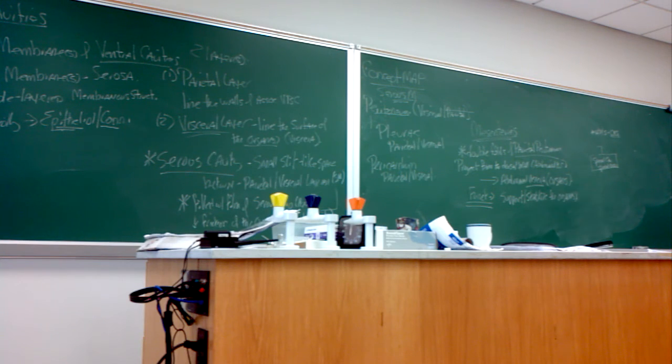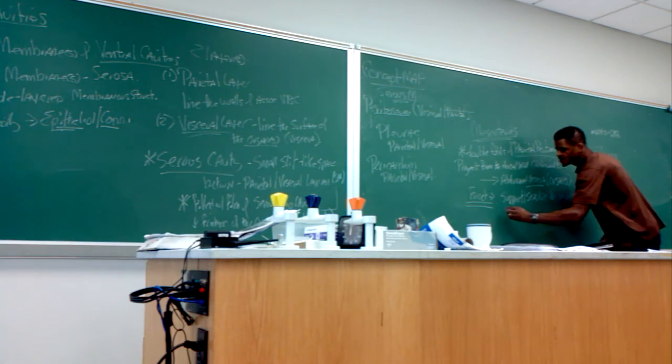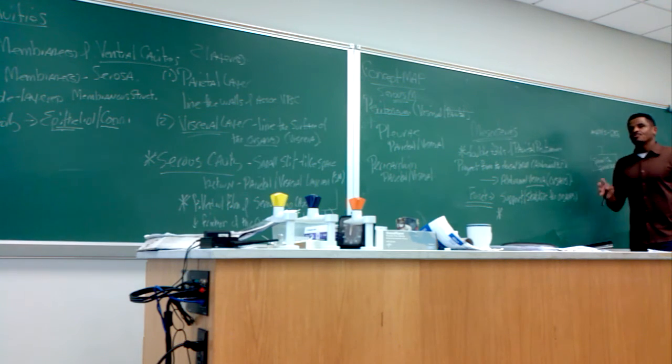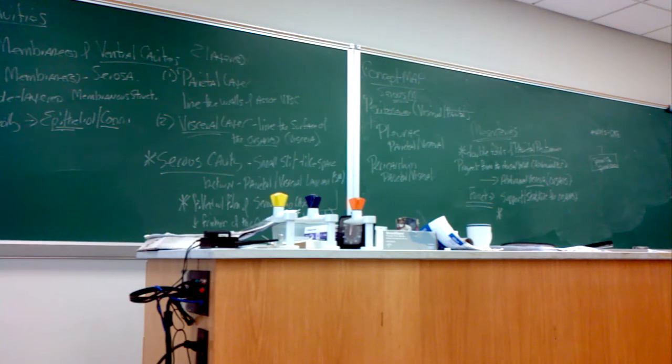The mesenteries will also provide routes for the distribution of blood vessels to those organs, because those organs have to have what? A vascular supply to deliver their nutrients to them. Are you guys with me on that? Also, they will provide routes for the distribution of nerves to the organs, because our organs are innervated by nerve fibers to regulate their activity.